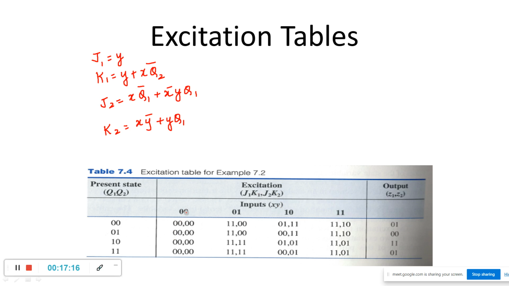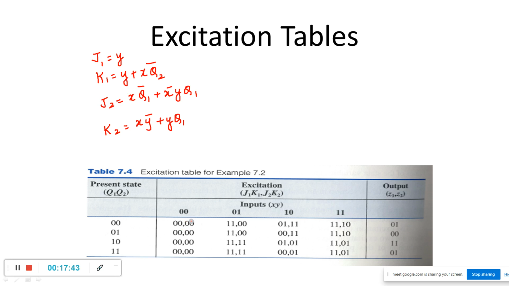K1 equal to Y plus X Q2 bar. Substitute now. Y is equal to 0. And X is equal to 0. Q2 bar, so you have Q2 bar as 0 bar, so it is 1. So what will you get again? Answer 0 only you will get.